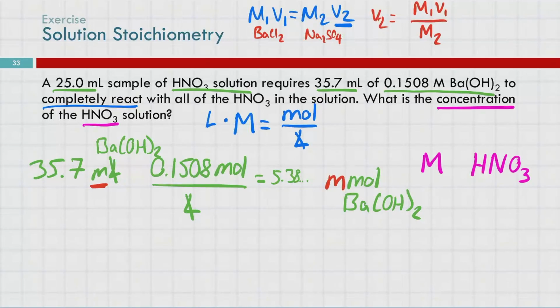Now we've got something in moles. We've got a chemical in moles, but we need to get this different chemical in moles, nitric acid in moles.